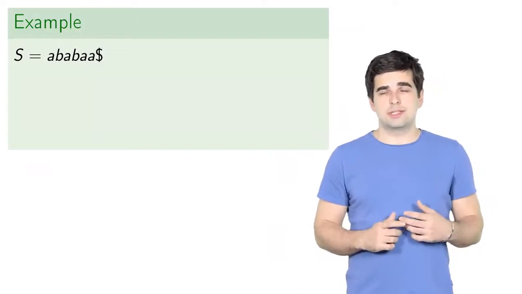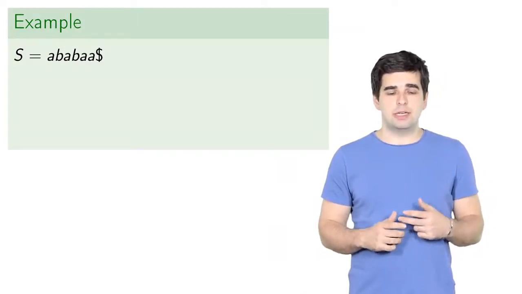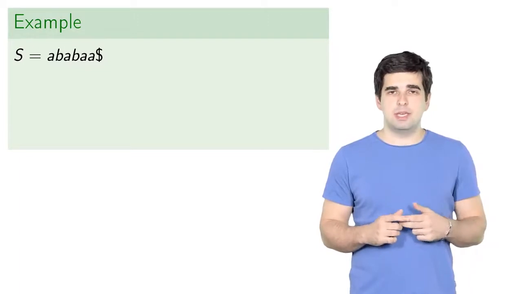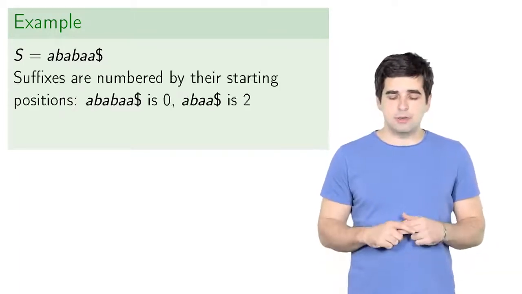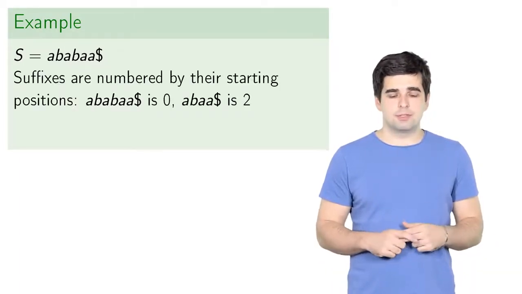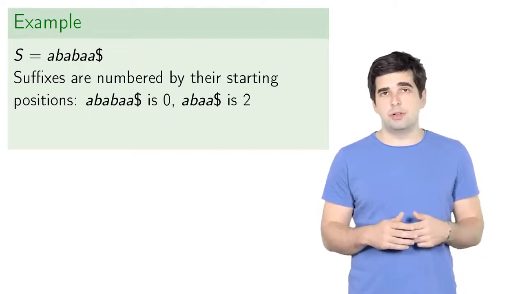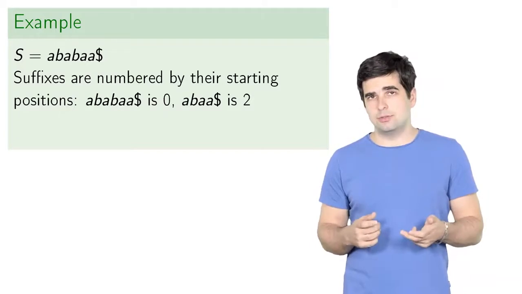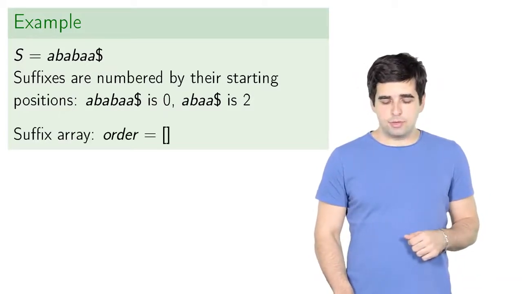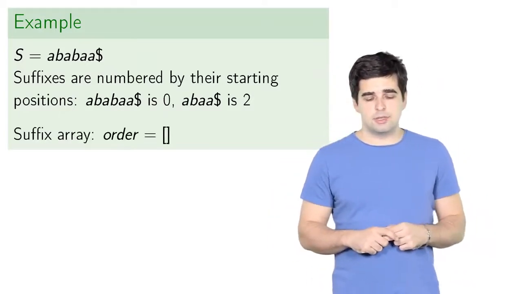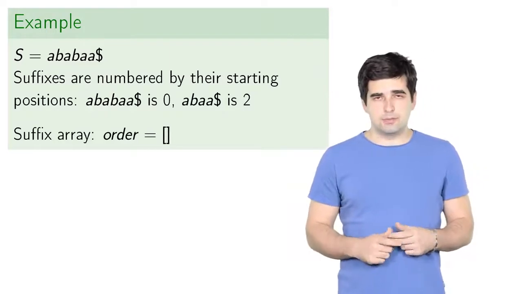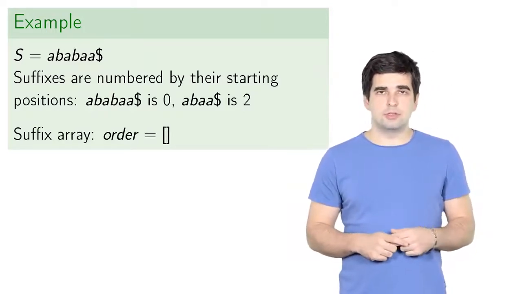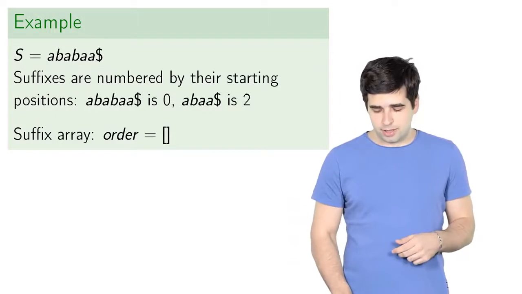Now let's look at an example of such an order. So we have initially string S, which is ABABAA$, and we number all its suffixes by their starting positions. For example, ABABAA$ is 0, and ABAA$ is 2. And we will store the order of the suffixes in an array order. So the smallest suffix is just $, because $ is smaller than any other character.